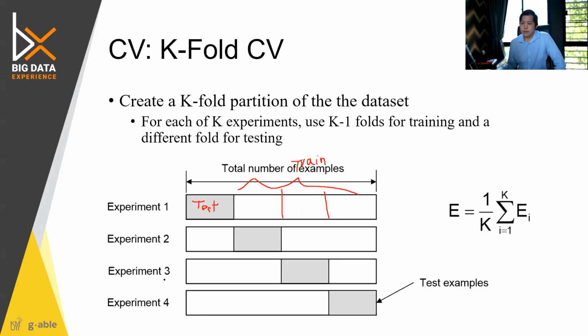The result comes from the average of the whole thing. This is K-fold cross validation, the most popular technique, because it's simple and it gives you good enough results.